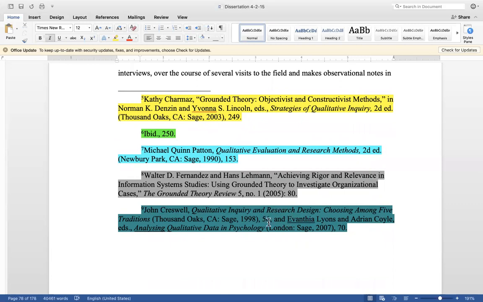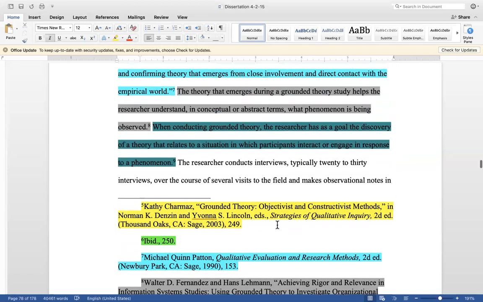So here we have an example of what we would call a complex footnote, where the student is saying, I used 2 different sources and I put them into one footnote. The student is saying that both of these sources are basically saying the same thing.